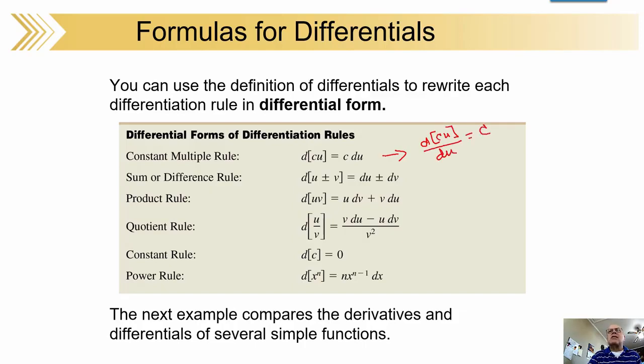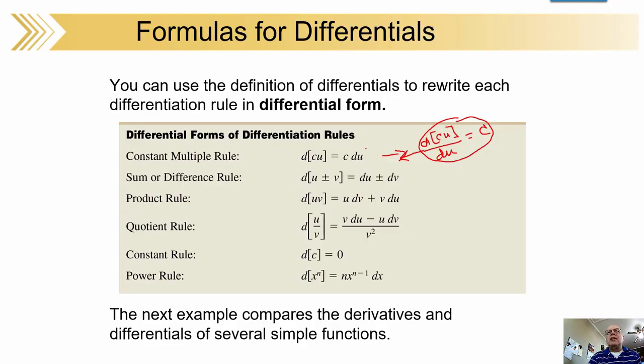That's what this really is. The derivative of something times a function equals, well, you can see it for yourself. All they did in going from this, which is an old rule that you've used, to this is just multiplying both sides by du, and you got the same thing.